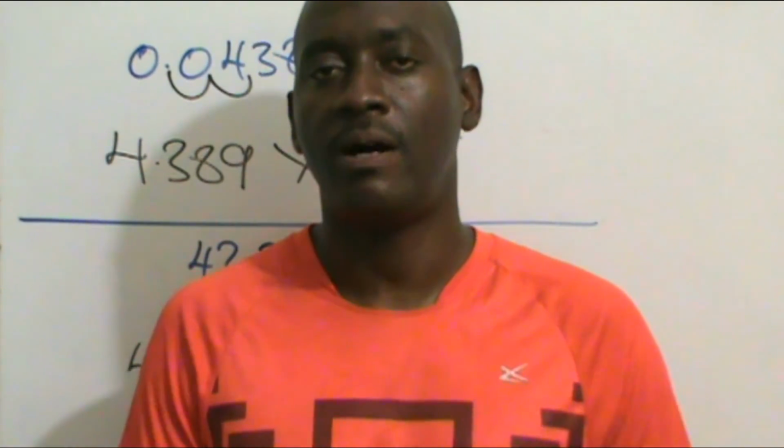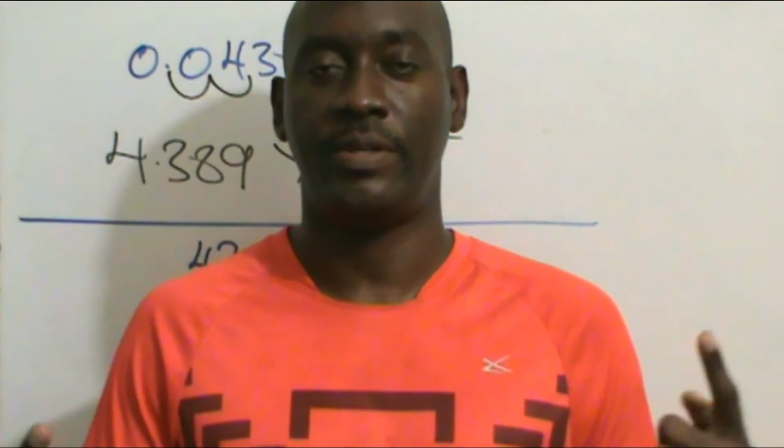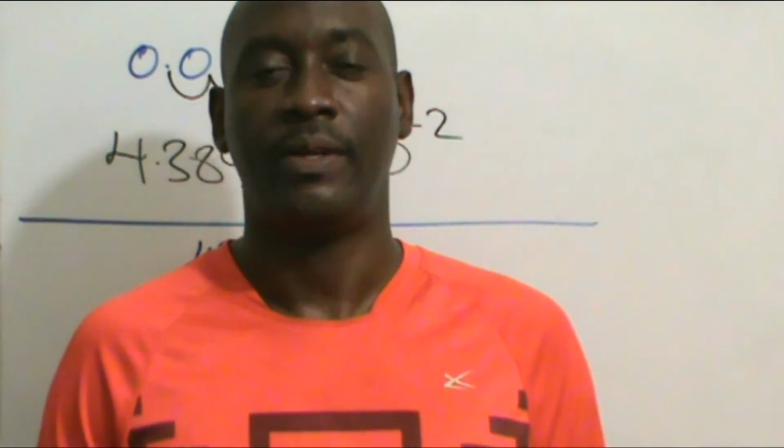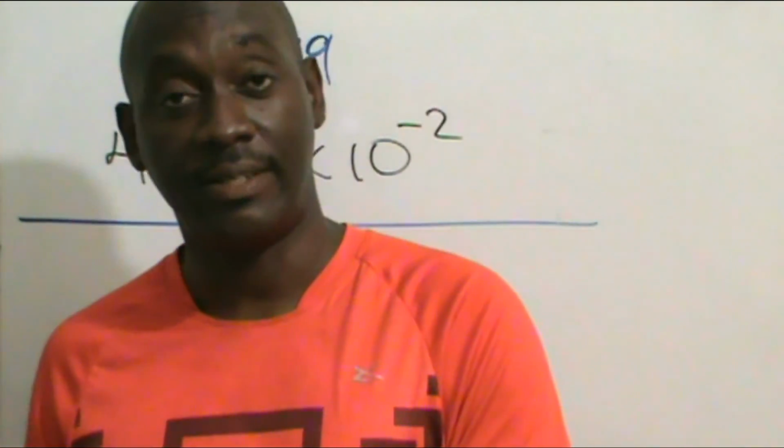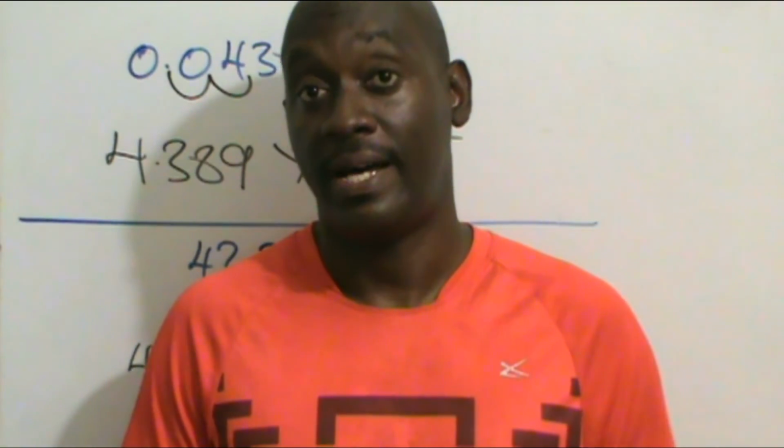The number of such movements would determine the magnitude of the power of 10, which is a p in my notation. Alright? And then to determine the sign of the power of 10, if your number was 0 point something, then the sign would be negative. If your number was greater than 1, then your sign would obviously be positive. And that is basically it.